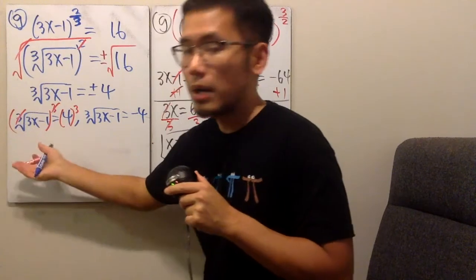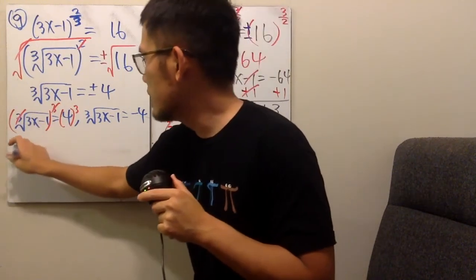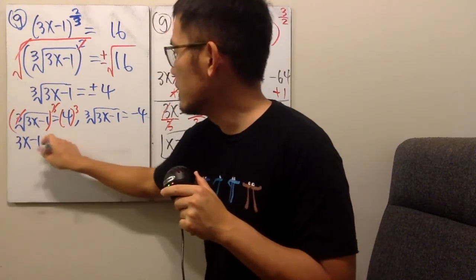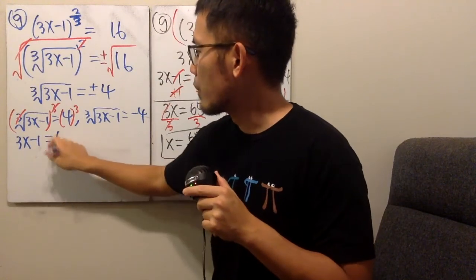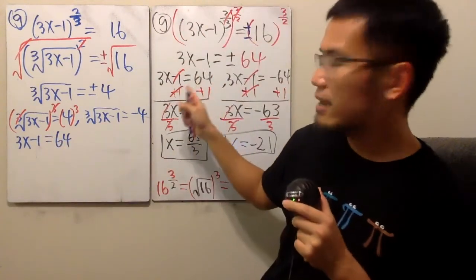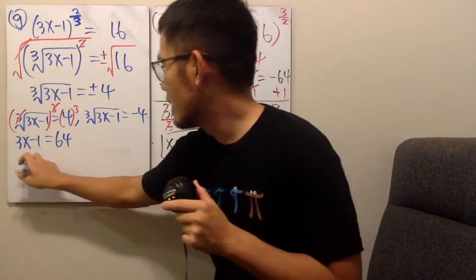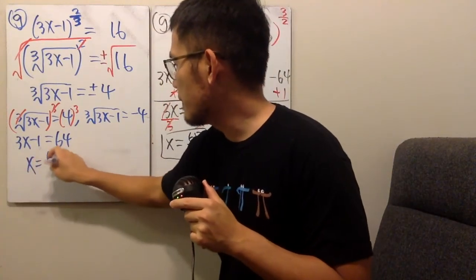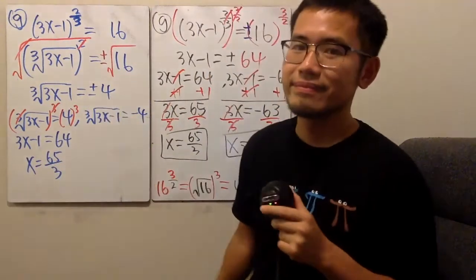Raise both sides to the third power, so they cancel, and we get 3x minus 1 equals 4 to the third power, which is 64, and then you pretty much have that, so I will just put down the answer for you guys. Here you get x is equal to 65 over 3.